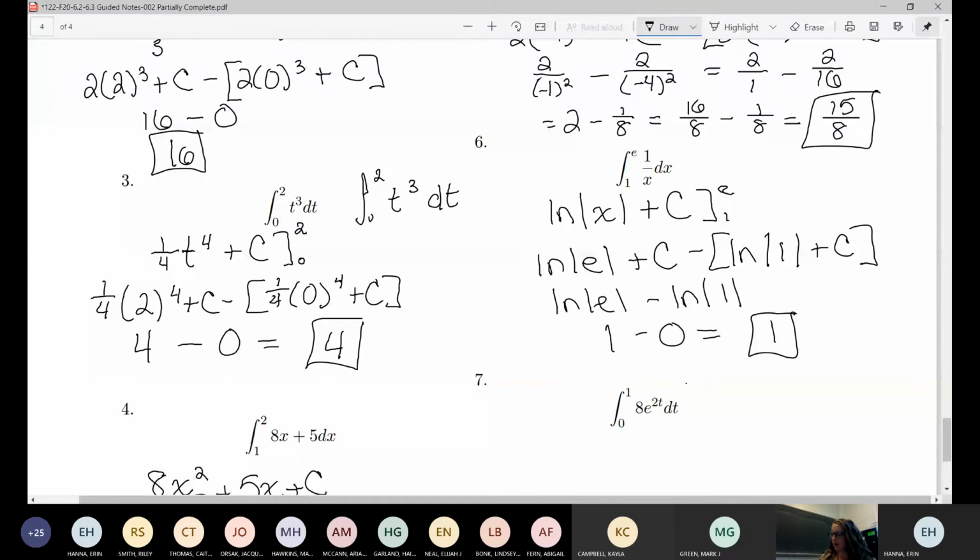Side note really quick, the natural log of the absolute value of 3 you can just write as the natural log of regular 3, because the absolute value of 3 is just 3. But in Wiley, if you have a question where you're finding one of these for a 1 over x situation and it doesn't just reduce like this one did, you'll need to leave it in terms of natural logs, or else it'll count it incorrect.